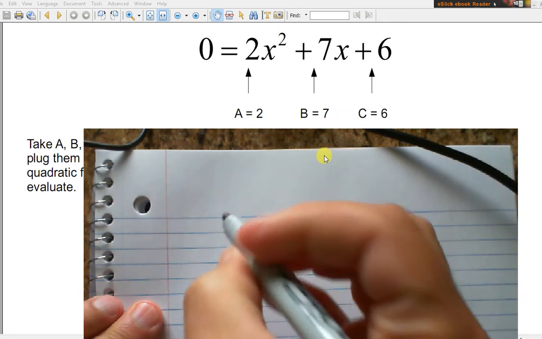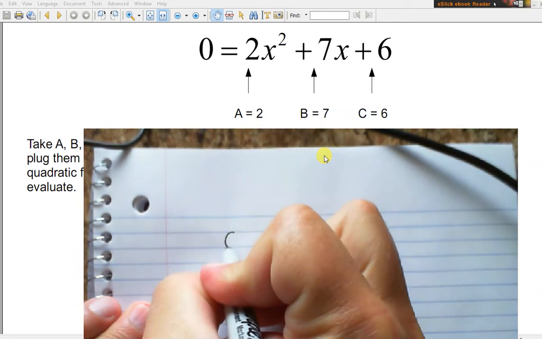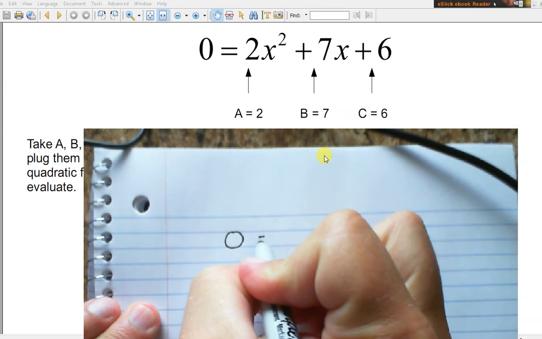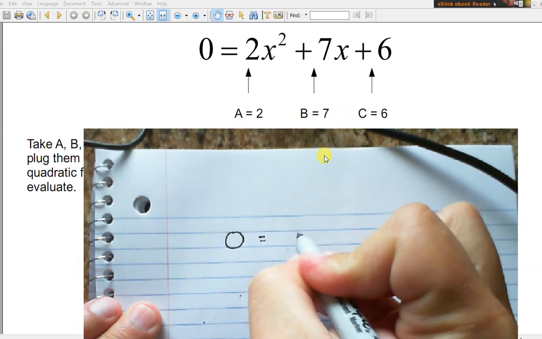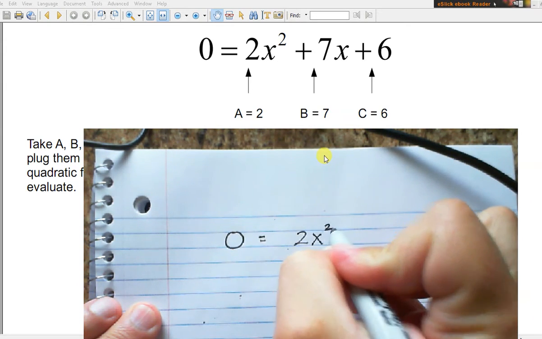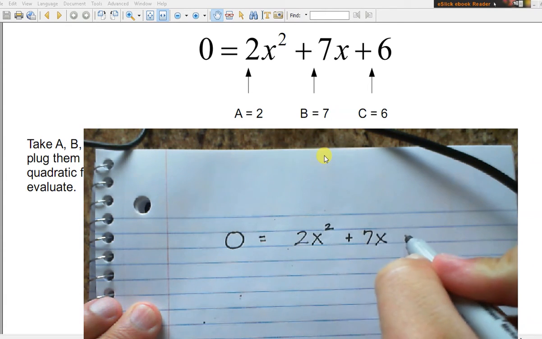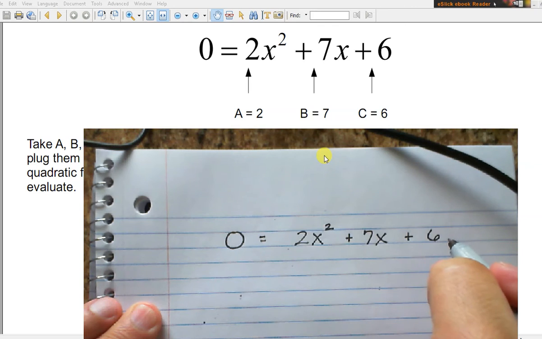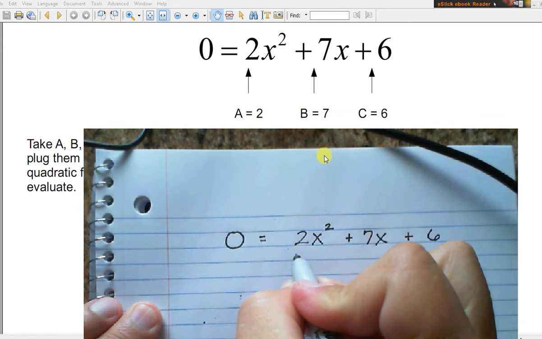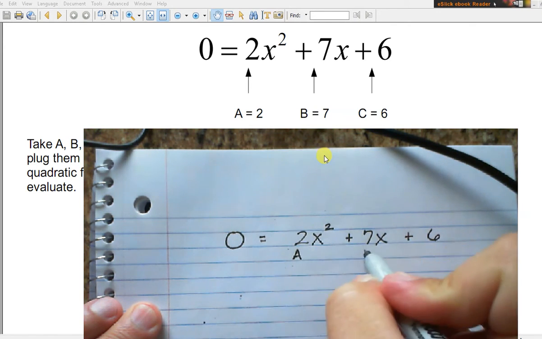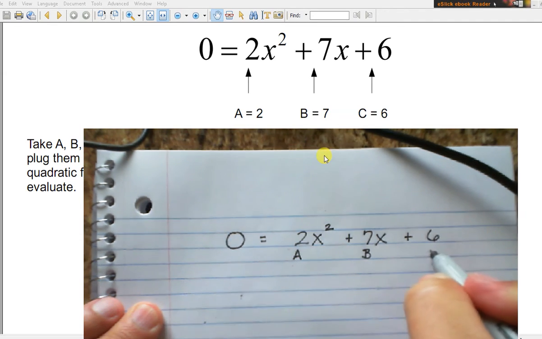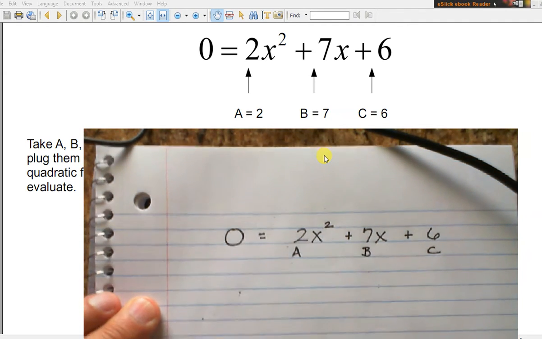the equation 0 equals 2x squared plus 7x plus 6. So A is 2, B is 7, C is 6.